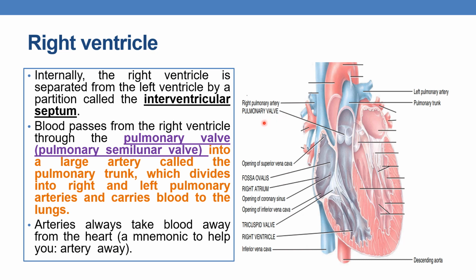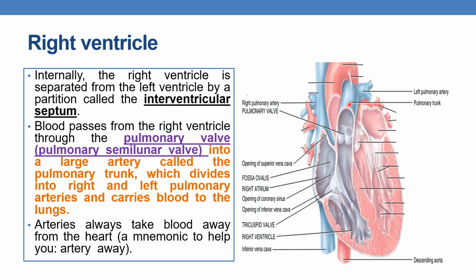Pulmonary valve and aortic valve are called semilunar valves. The blood passes from the right ventricle through the pulmonary valve into a large artery called the pulmonary trunk.